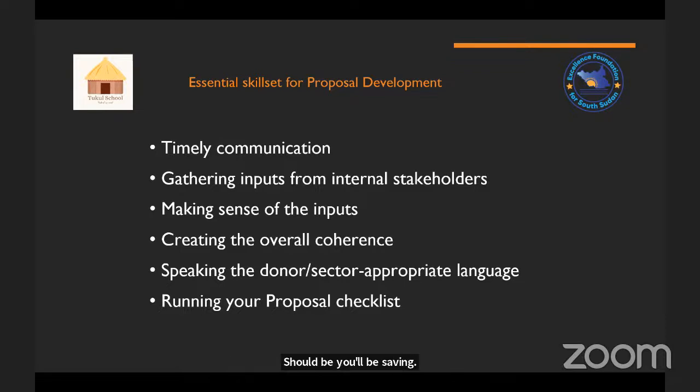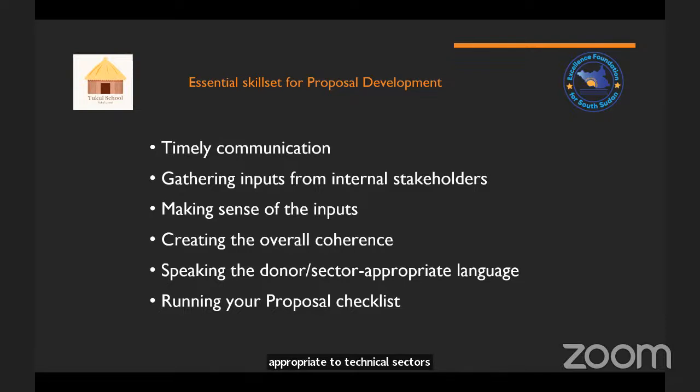So what you might want to cultivate here is the skill of looking at whether the whole proposal makes sense, or is it coherent, with no internal inconsistencies, right? Once that is done, you also check if your proposal speaks the donor language or the language is appropriate to technical sectors.